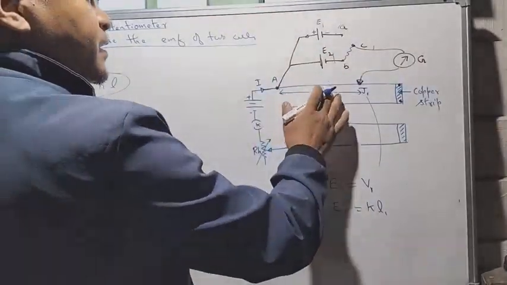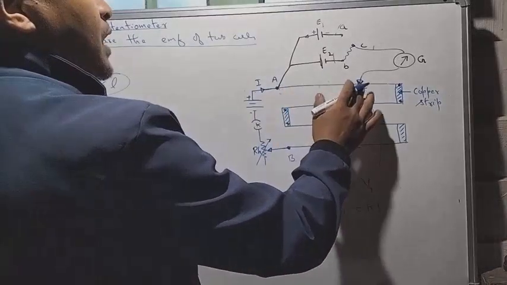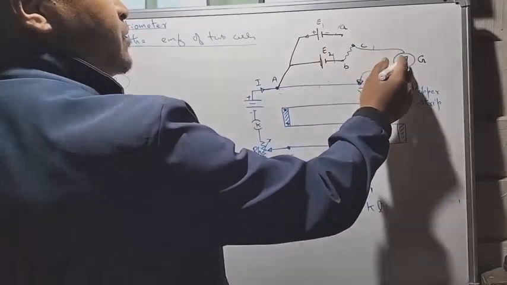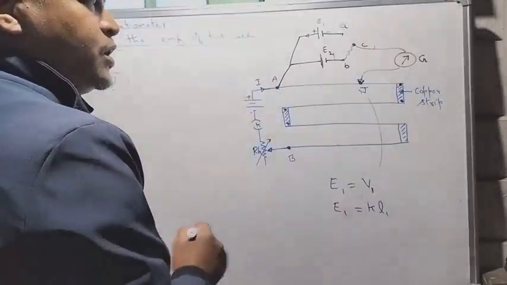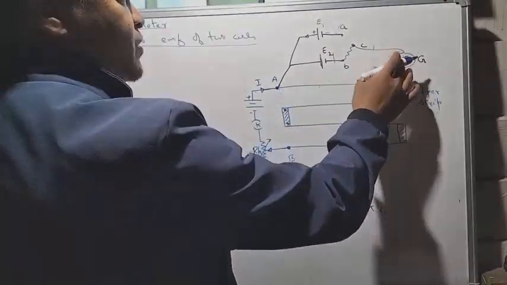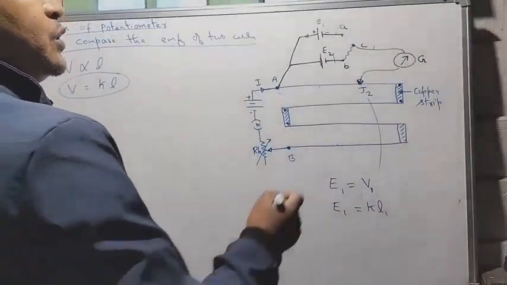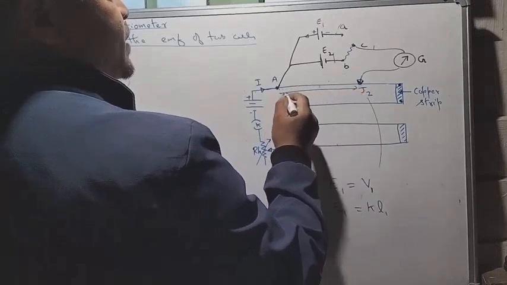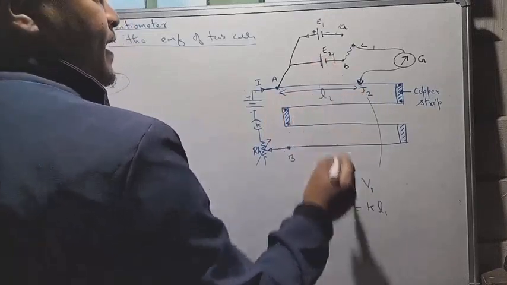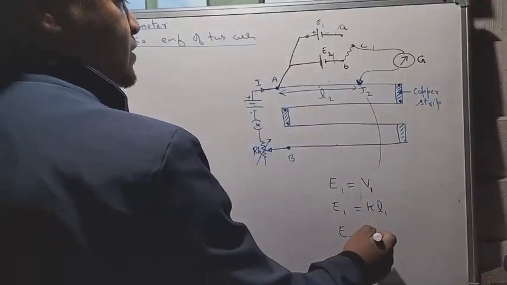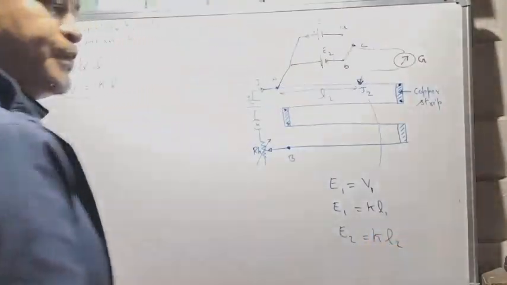Similarly, like before, I will slide this jockey along the wire till I get zero deflection in the galvanometer. When my galvanometer shows zero deflection, let's say it happens when I touch the jockey at J2, and if this length is L2, then E2, the EMF of the second cell, equals KL2.